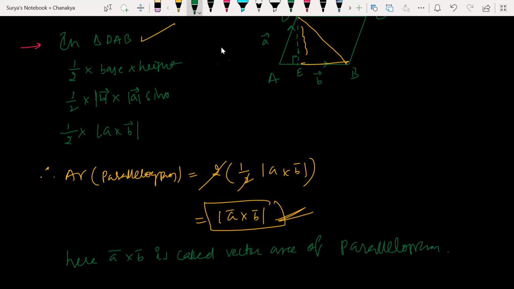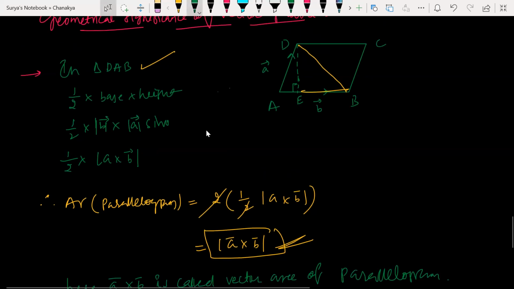This gives me magnitude of B sine theta, or magnitude of A sine theta, which is this height, right? Hope it is clear to everyone of you. Even if you take B as the base here, you get the same thing.